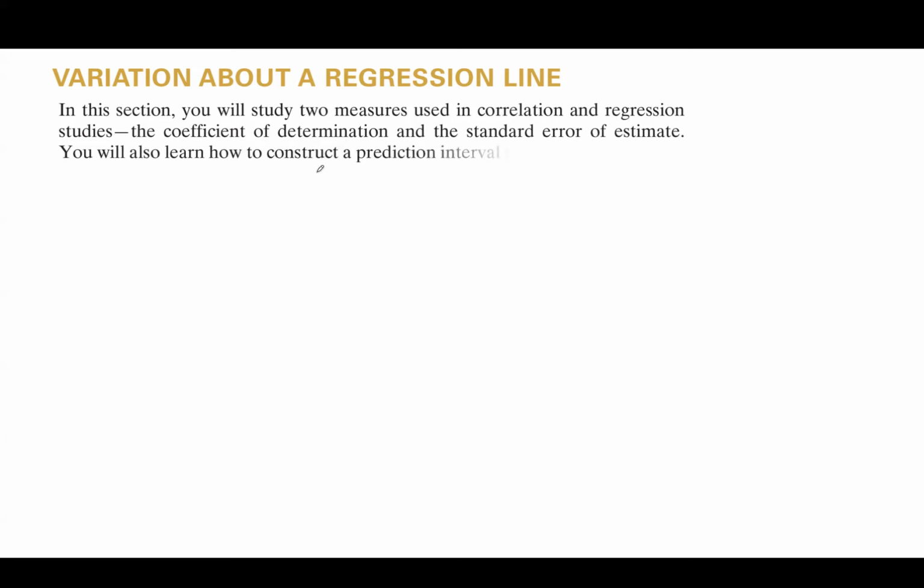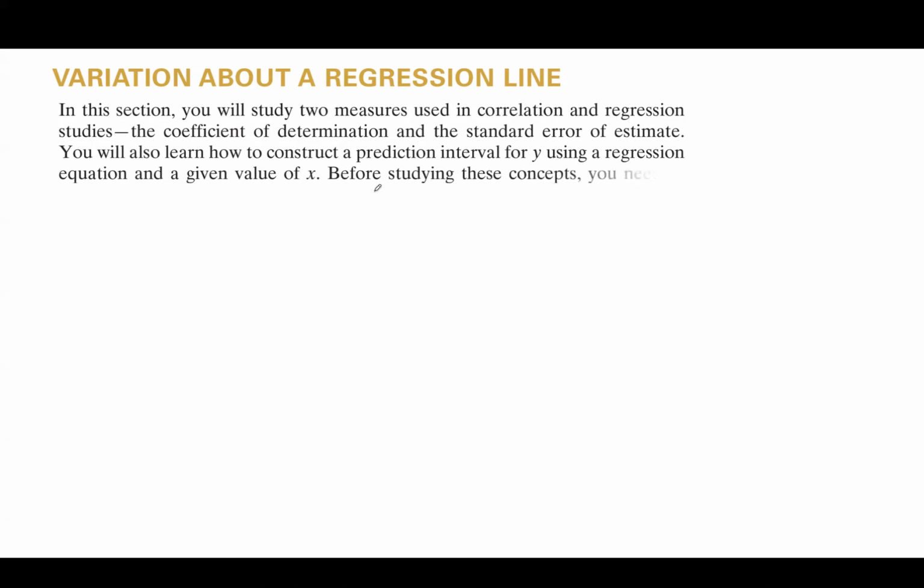You'll also learn how to construct a prediction interval for y using a regression equation and a given value of x. Before studying these concepts, you need to understand the 3 types of variation about a regression line.